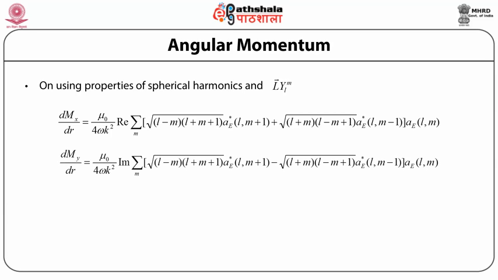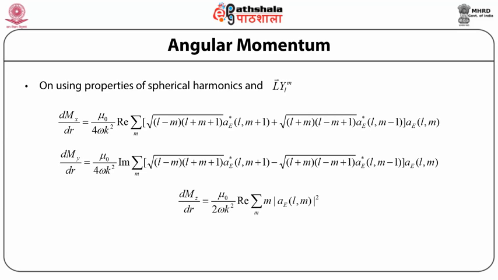Similarly, dMy by dr equals mu naught divided by 4 omega k square into the imaginary part of summation over m of square root of (l minus m) into (l plus m plus 1) into a_E conjugate of l and m plus 1, minus square root of (l plus m) into (l minus m plus 1) into a_E conjugate as a function of l and m minus 1, whole into a_E as a function of l m.